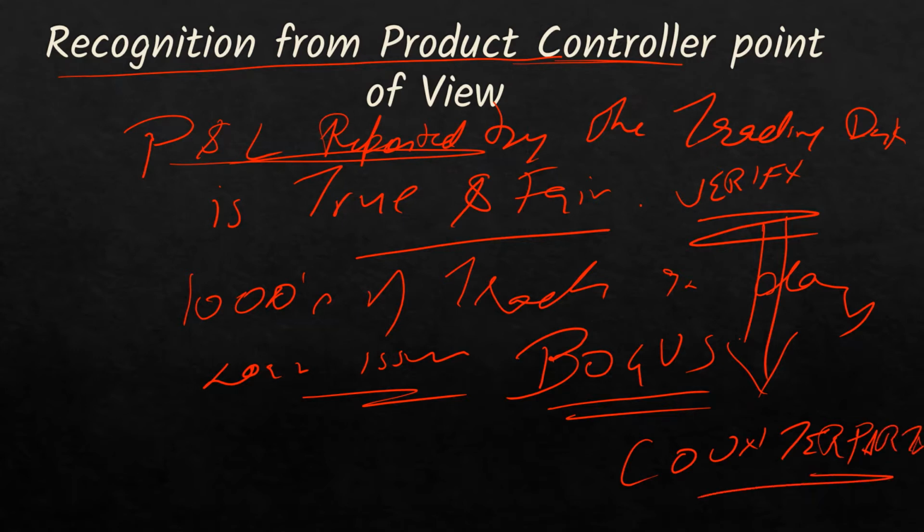But to be very honest, it's not the product controller's duty, it's the duty of operations. Operations verify each and every trade, and we confirm with ops whether the trade has been verified. Verified means the counterparty has confirmed the trade. Once the trade is confirmed, only then can it enter our books of accounts.